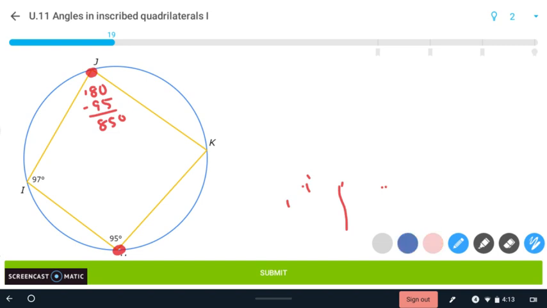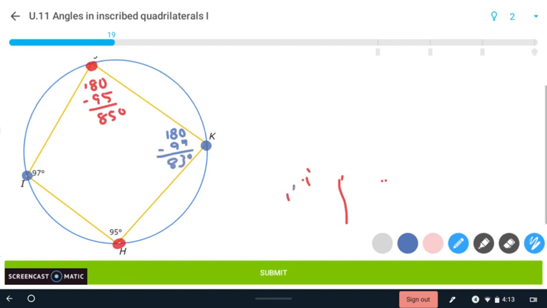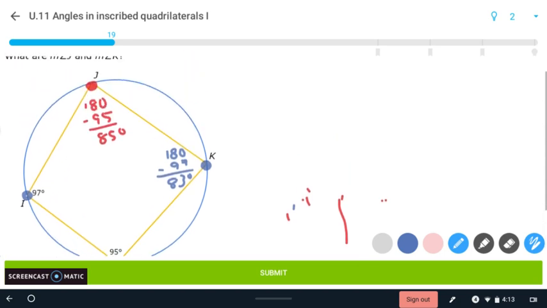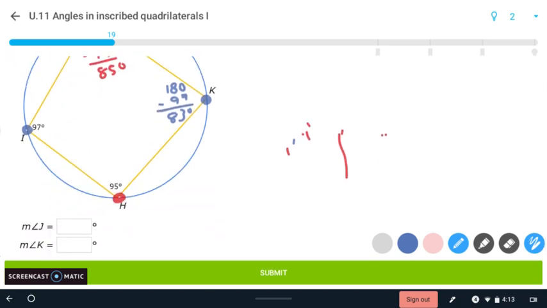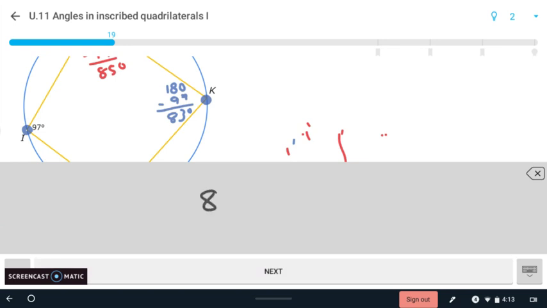And then angle K is opposite angle I. So we're going to do 180 minus the measure of angle I, or 180 minus 97. 180 minus 90 is 90, minus 7 is 83. So angle J is 85 degrees, angle K is 83.